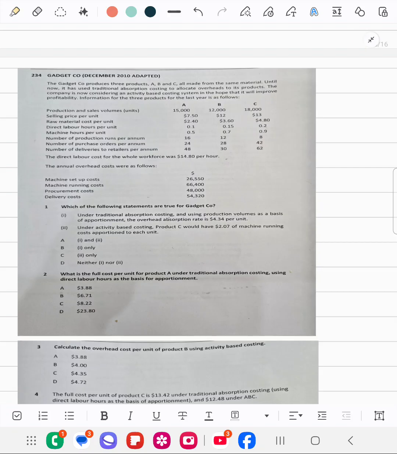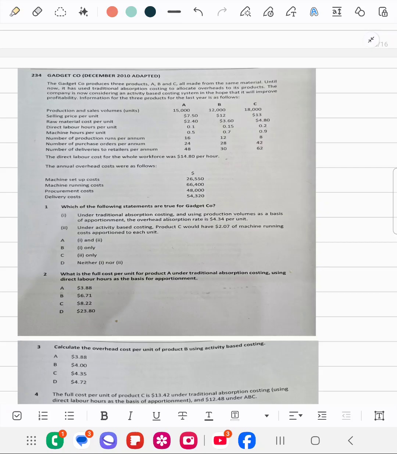The very first part of this is asking whether we need to assess if it is true or false: under traditional absorption costing using production volumes as basis of apportionment, the overhead absorption rate is 4.34 per unit.